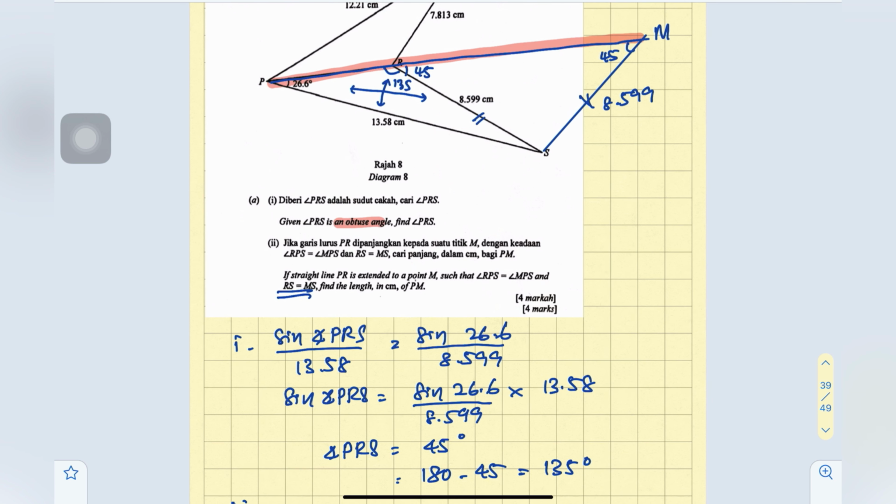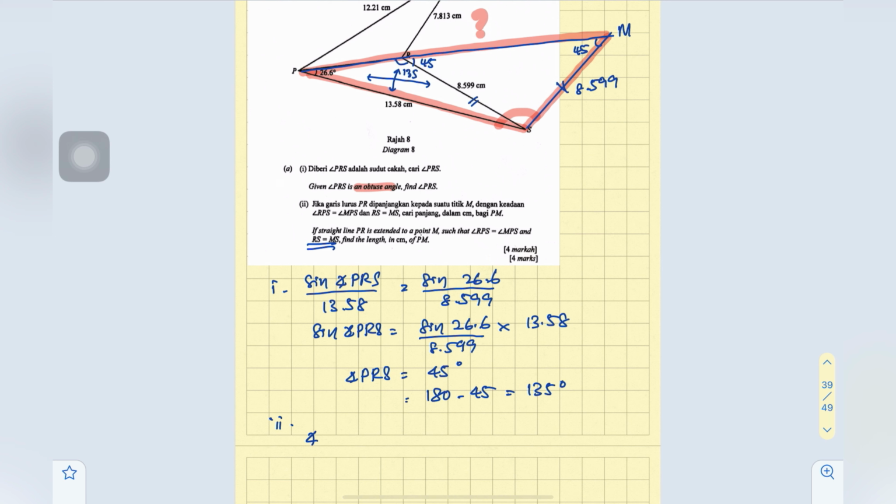Okay, so kita boleh gunakan segitiga besar lah. Okay, so nak cari ni tak tahu. Okay, kita boleh guna cosine rule. Tapi untuk cosine rule kita kena ada angle yang ni. Kita cari dulu angle PSM equals to 180 minus 26.6 minus 45. Okay, equals to 108.4. So this one 108.4. So boleh carilah PM by using cosine rule.